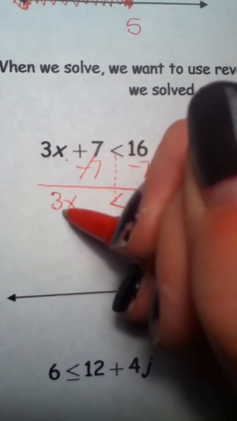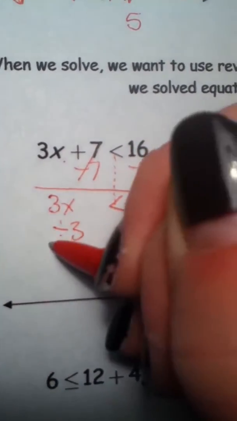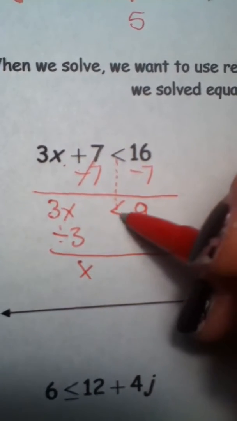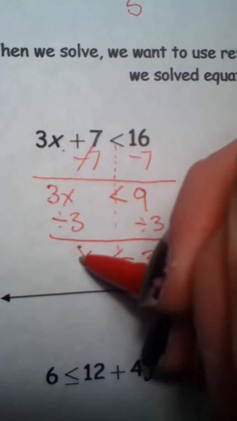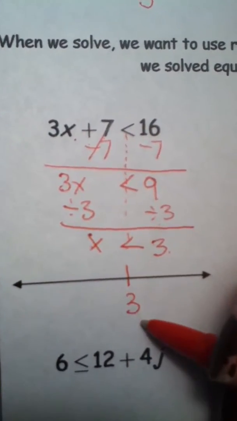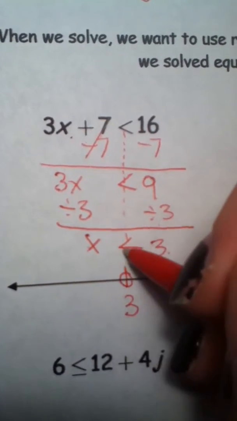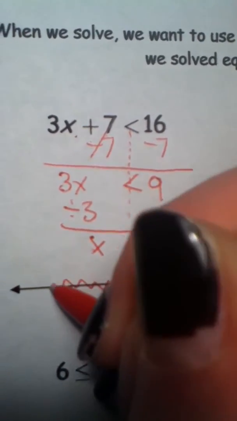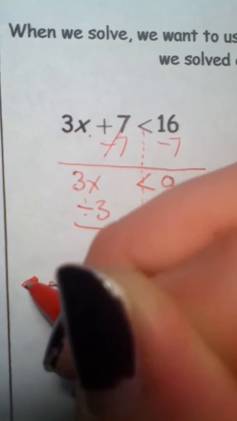Now, we need to divide by 3 on both sides, since we have 3 times x. We're left with just x. Carry it down. 9 divided by 3 is 3. X is less than 3. 3 goes on the number line. Open circle. X needs to be smaller than 3. So we fill in going down to the negative side, going to the dark side.